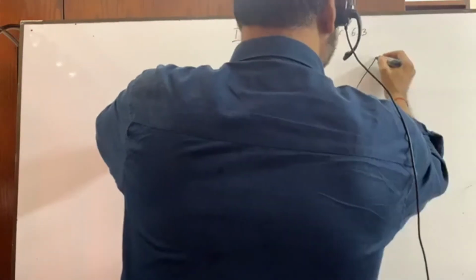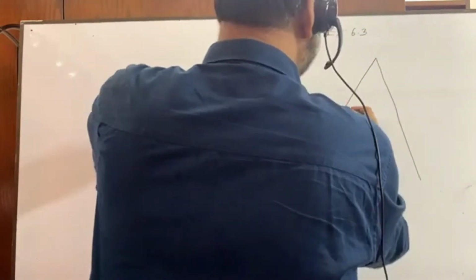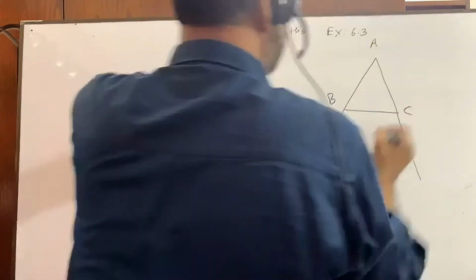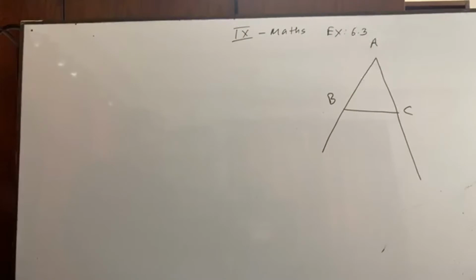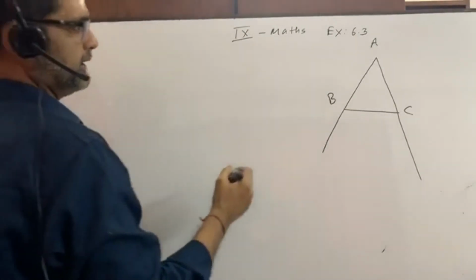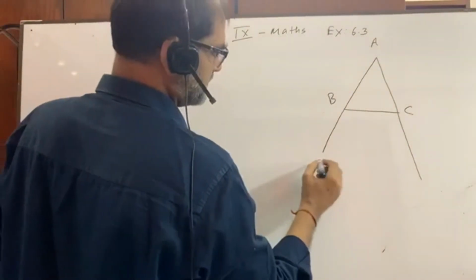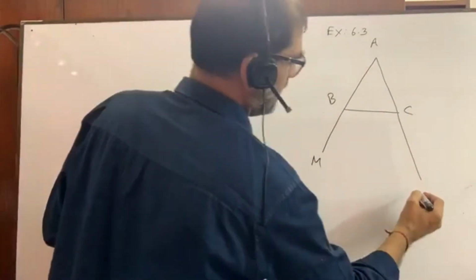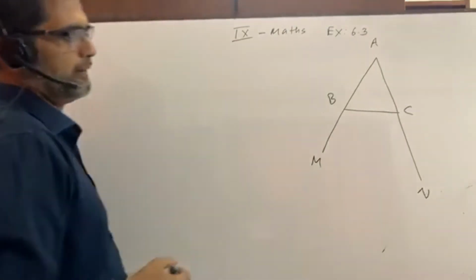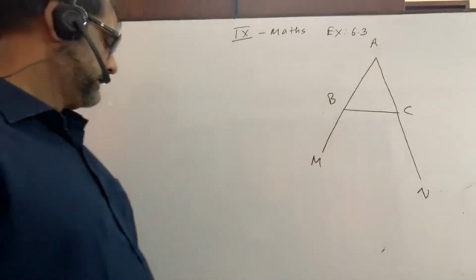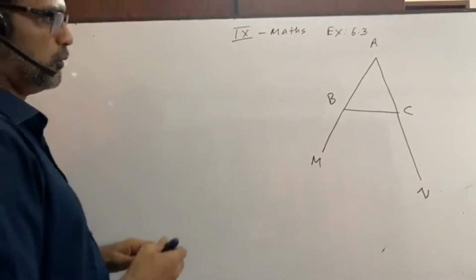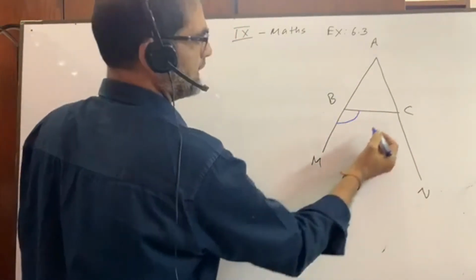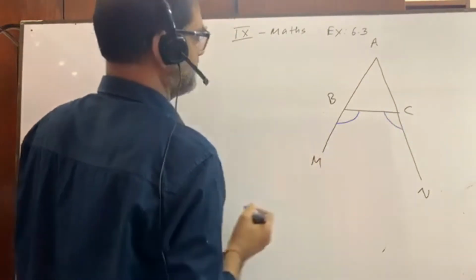Suppose ABC is a triangle where the side AB has been extended up to M and AC has been extended up to N. Okay, you understand? And you see, suppose we have an external angle here, and it is also an external angle, right?